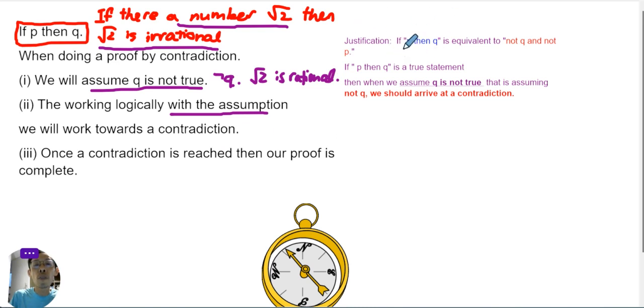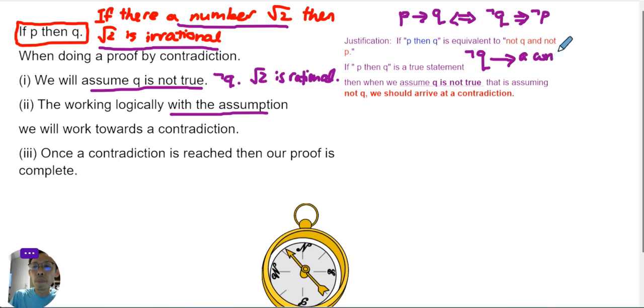So the justification for this is very simple. For any statement, if P then Q, the statement is equivalent to not Q implies not P. So in this particular proof, we assume that the implication is not true, so we start with this, and then we want to work towards a contradiction.